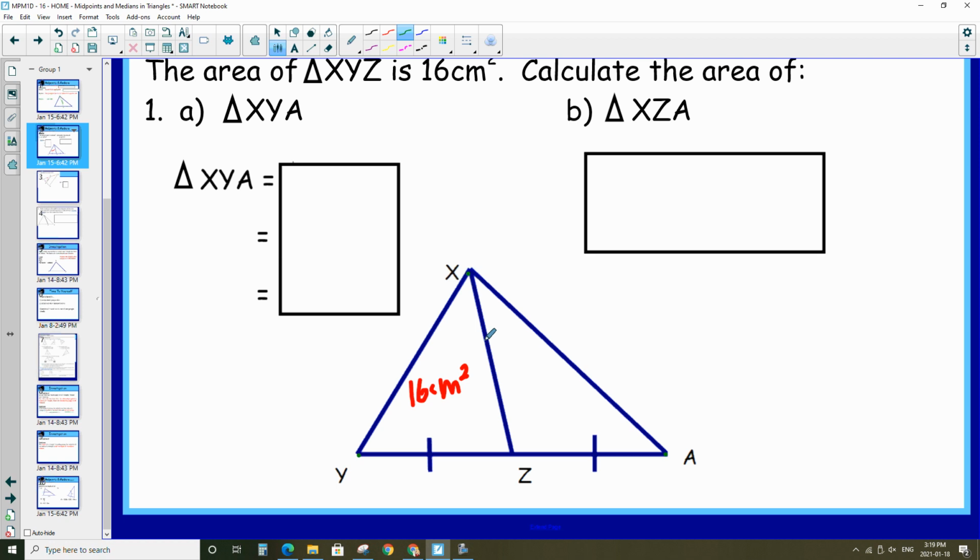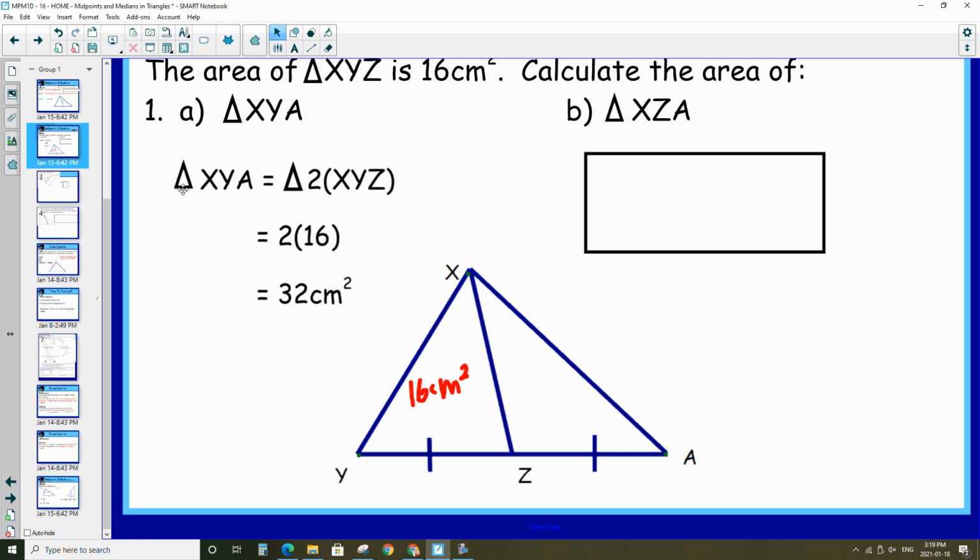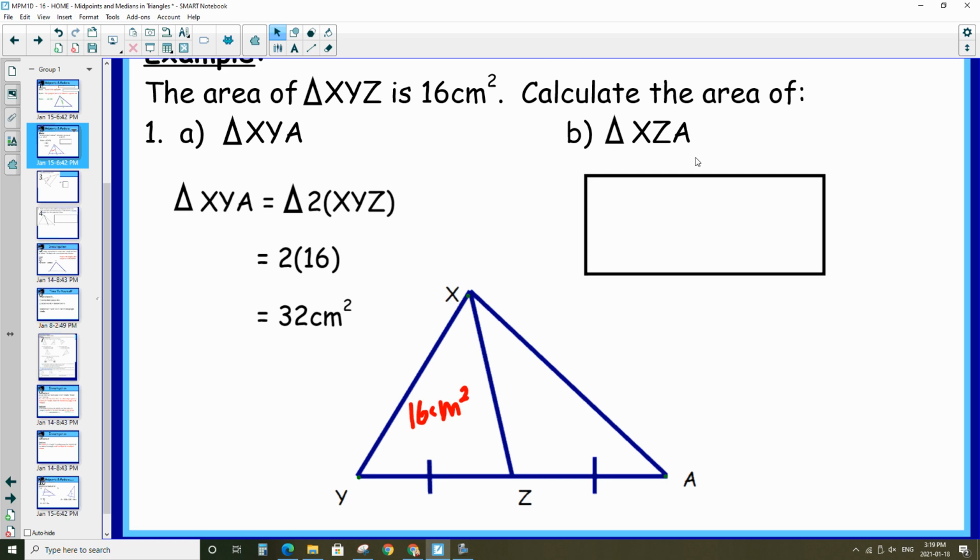So if we're given the area of this half to be 16 centimeters squared, the whole thing must be 2 times that amount. Okay, so triangle XYA is going to be equal to 2 times triangle XYZ, which is 2 times 16, which is 32 square centimeters.